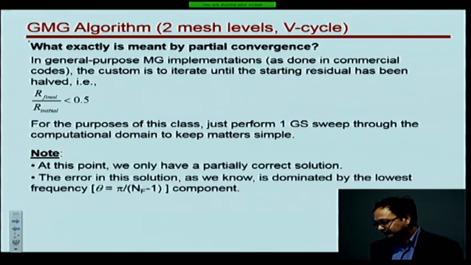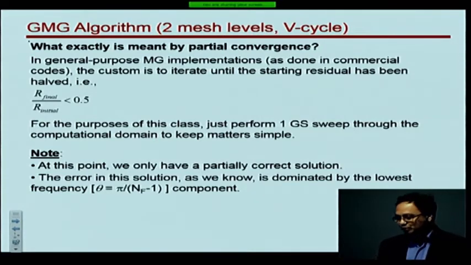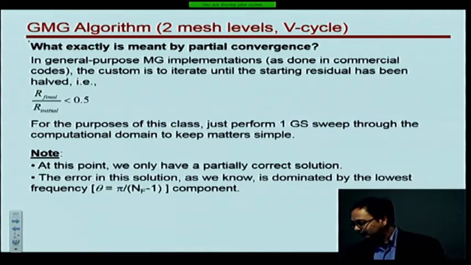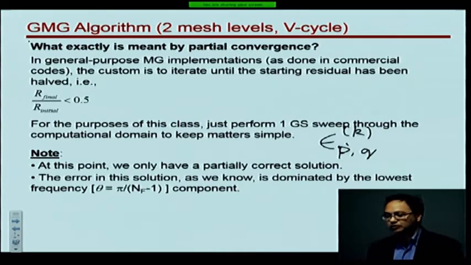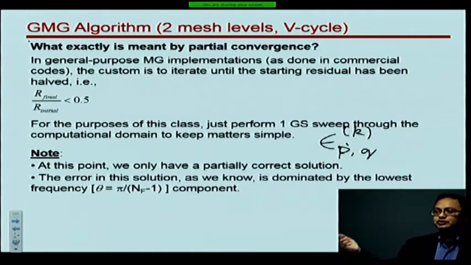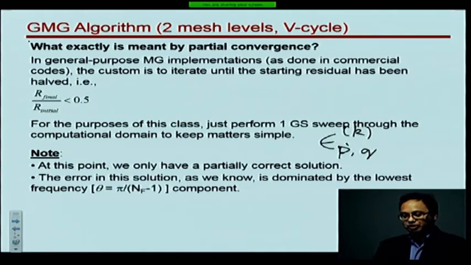So once we finish step 2, we have a partially converged solution, and that partially converged solution has an error. That error is what we called P comma Q in 2D at the kth iteration. That's the difference between the solution after 1 sweep of Gauss-Seidel, let's say, subtracted from the exact numerical solution, and you have your error.